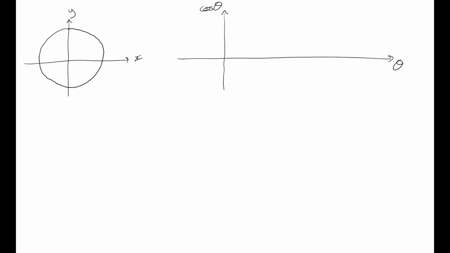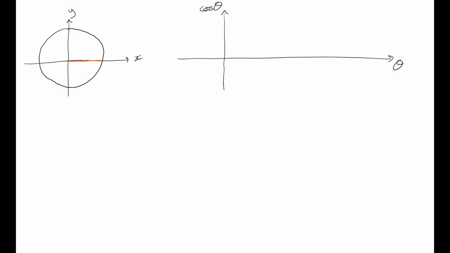Well, we're going to plot some points to plot the function. So let's start with theta being 0. Theta being 0 is here on my graph axes. Theta being 0 on my unit circle is here. I've started from the positive x-axis and I haven't moved around at all.